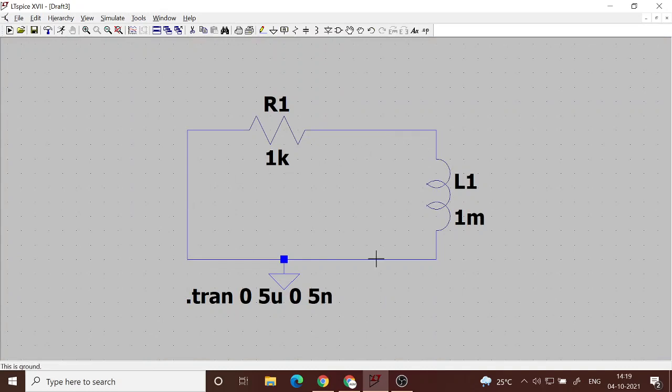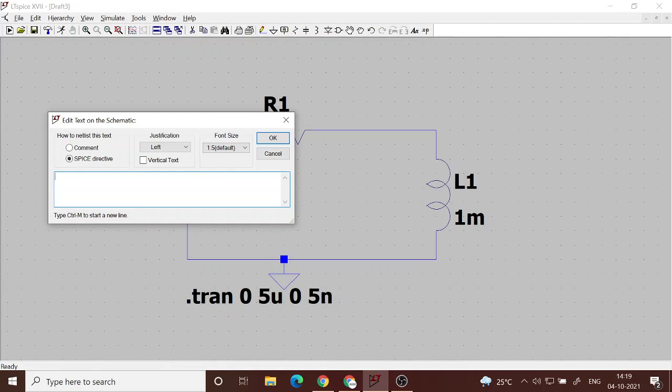conditions are all 0. So now what I'm going to do is that I'm going to add a spice directive in order to specify my initial conditions. So dot IC, this time I'm going to specify the current through the inductor. I'm going to say that initially there was some current flowing through the inductor at the start of the simulation.